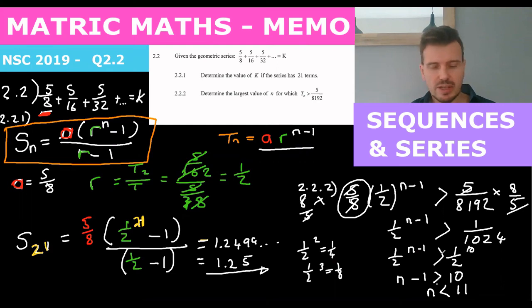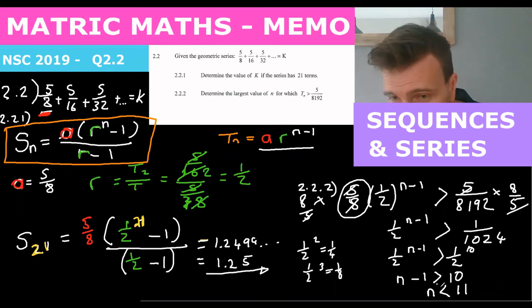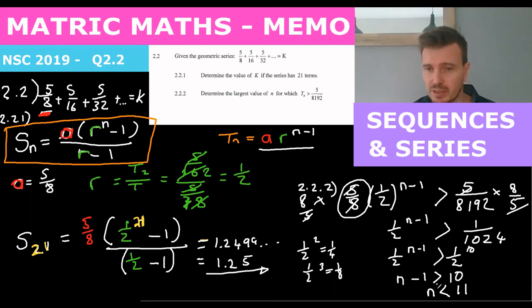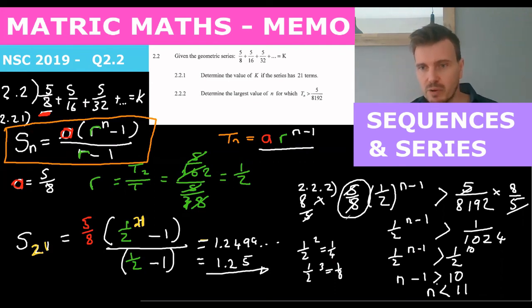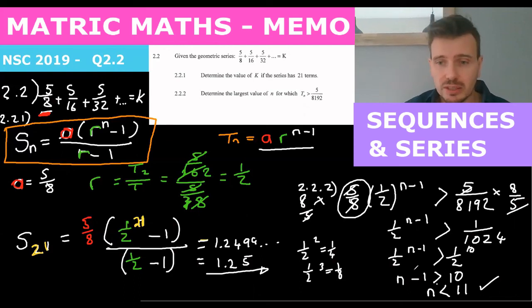So then let's get a number less than 11 to see if this is true, to see if we got the right answer, because we are saying that n is less than 11. So let's make it 10. And we get 1 over 512, which is bigger than 1 over 1024. So we know that this is correct. Okay, so that is question 2.2.